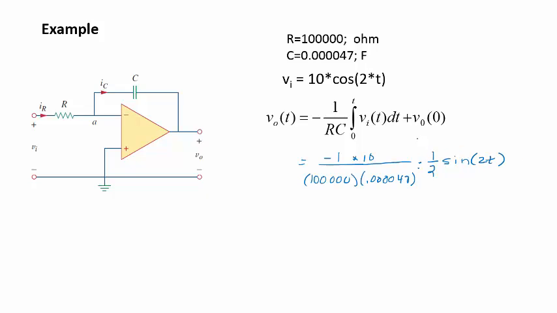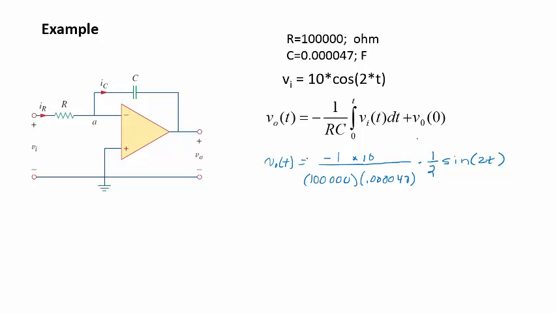Because if we differentiate sine 2t, it would be the derivative of the sine, which is cosine, times the derivative of the argument, which would be 2, and we have to have that canceled out so that the integral and the derivative equate to each other. So that's the integrated form. This is what V out would be.